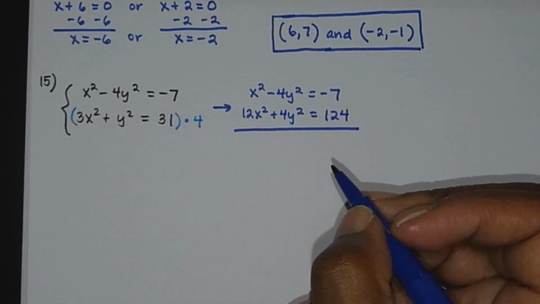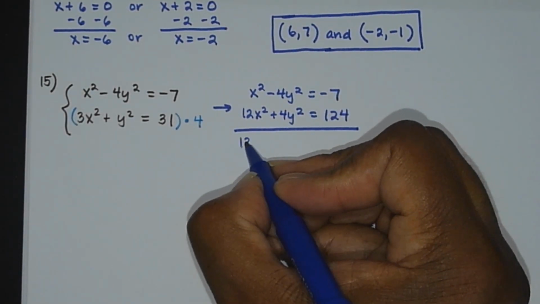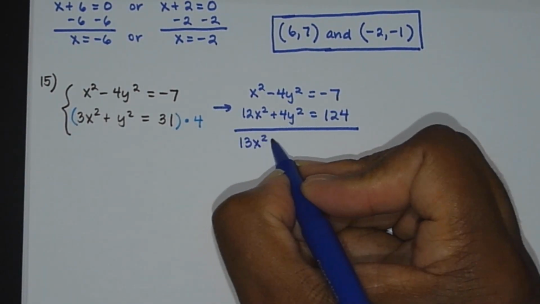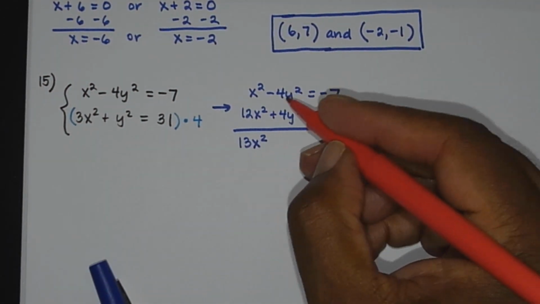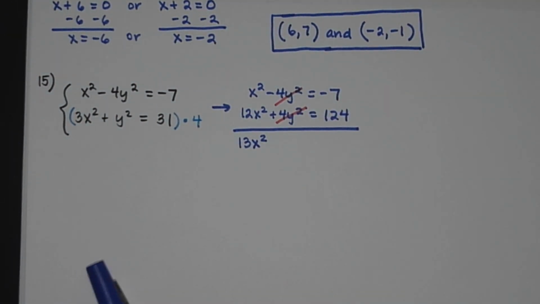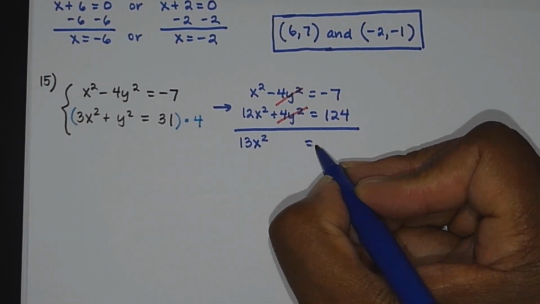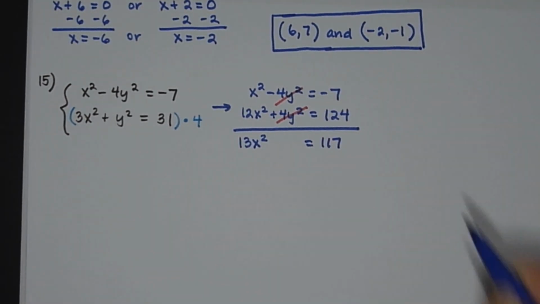Now, if I add those two equations together, x squared plus the 12x squared, 13x squared, minus 4y squared and the plus 4y squared, they add to 0. Negative 7 plus 124 will be 117. So I got 13x squared is equal to 117.